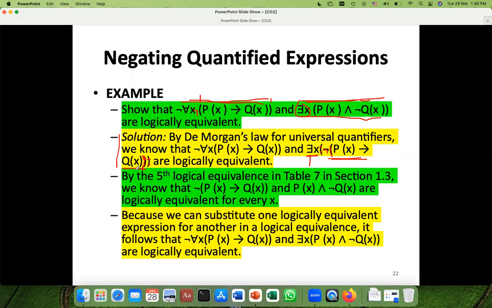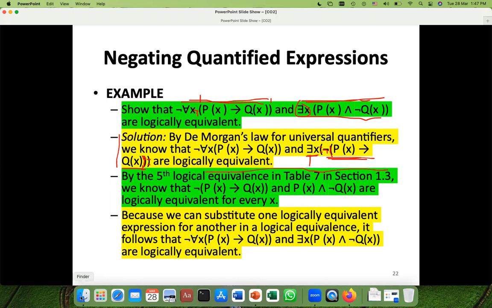You have to do some replacement, and then maybe it is possible. So you have to think over this portion. Negation into P of x and Q of x. And now we are using fifth logical equivalence in table 7 in section 1.3.